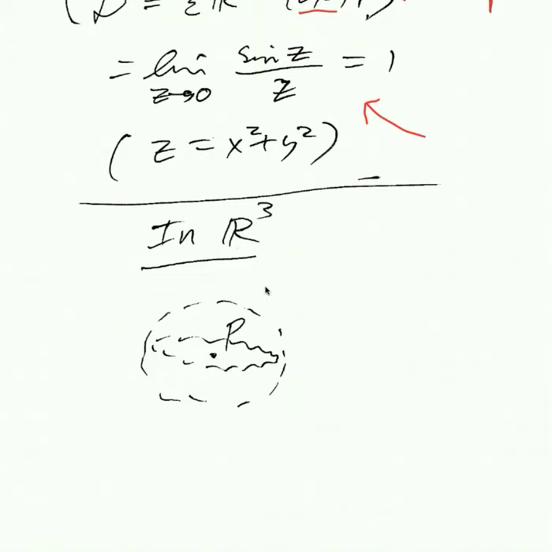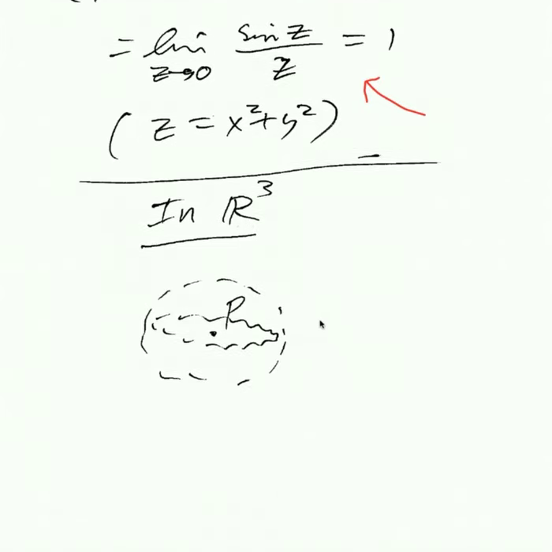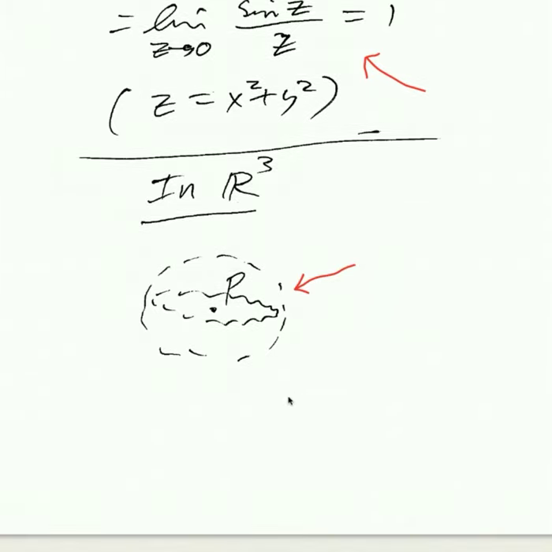Let me throw in here, I said topology of the plane. You can also do all this topology in 3 space, or in theory 4 space, 5 space, whatever. In 3 space, instead of open disks, we talk about an open ball centered at a point P. This would be the set of all points whose distance from P is strictly less than the radius of the ball. It does not include the surface of the sphere.